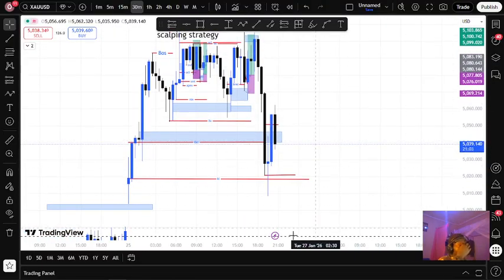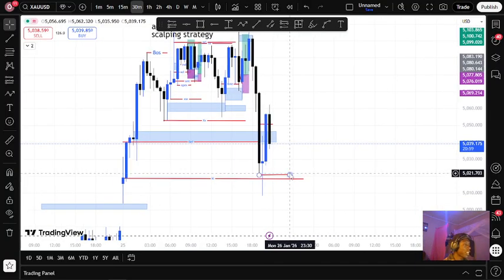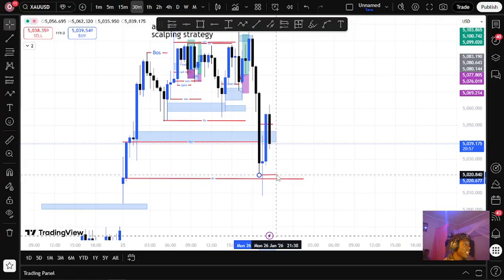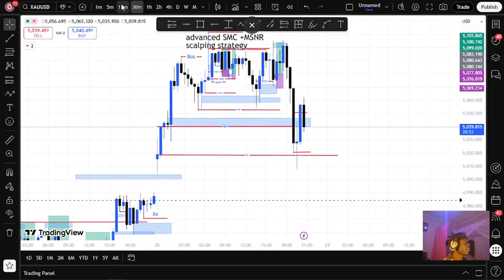It reacted off at this key level, then this was the previous candle it opened, but on 30 minutes it's kind of deceiving to enter the trade, so we'll wait for more confirmation.